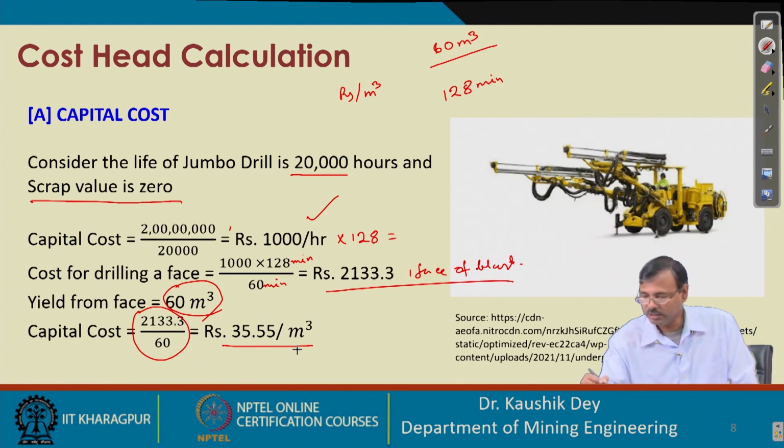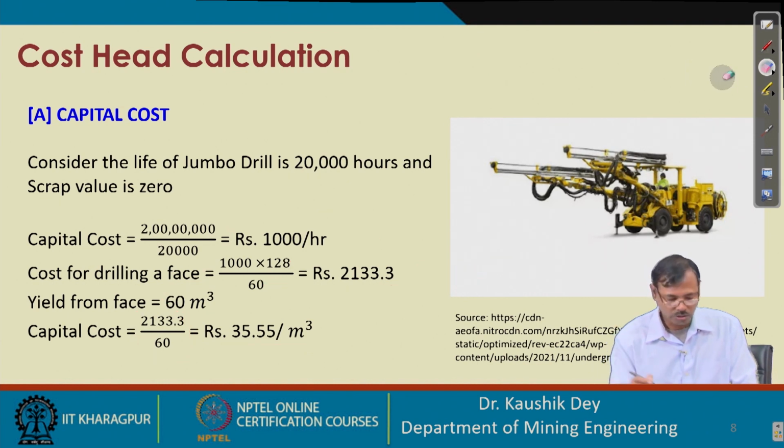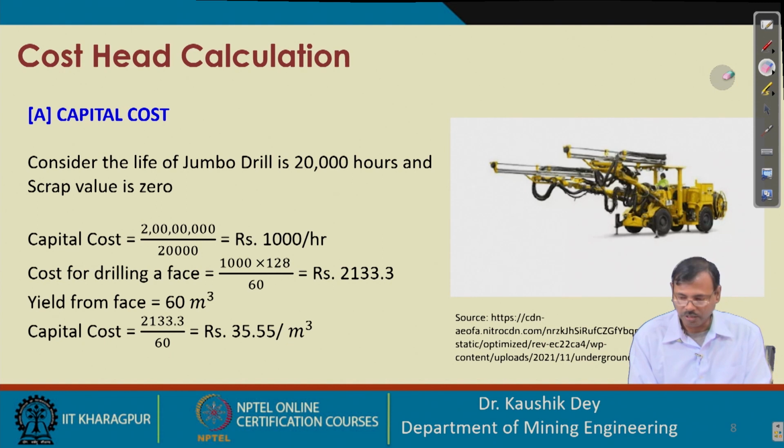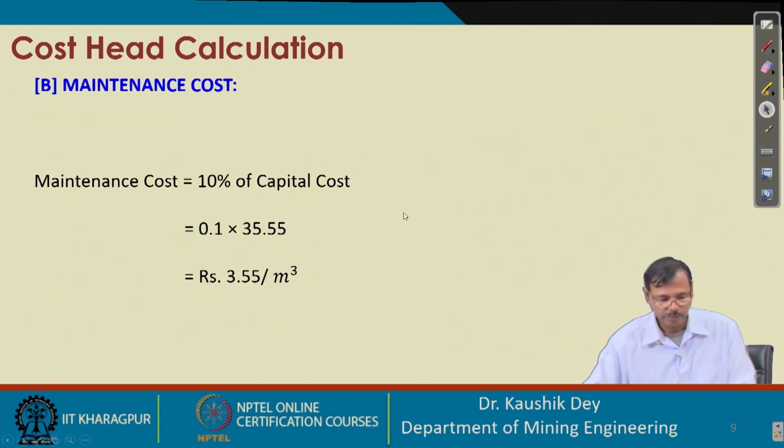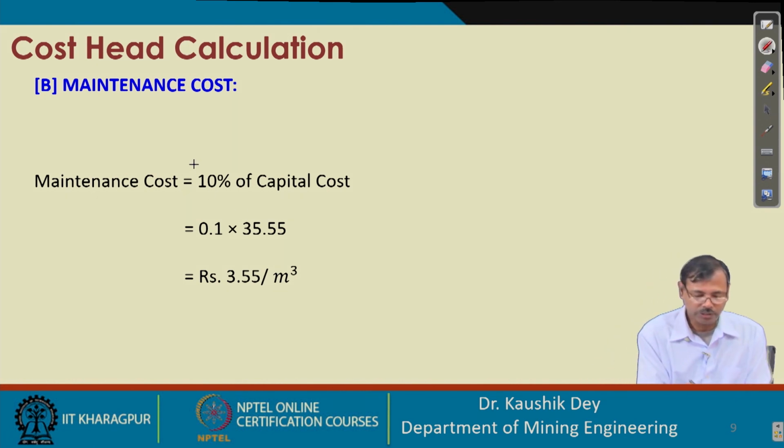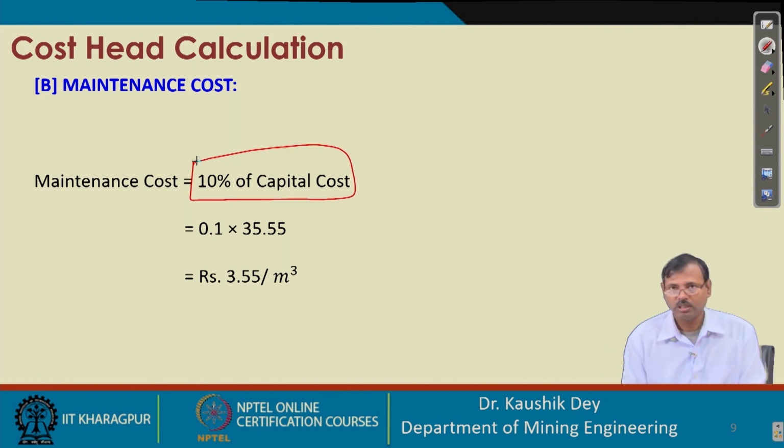So, this is the capital cost of the jumbo drill for carrying out drilling in underground phase. Now, maintenance cost we consider it is 10% of the capital cost, because the machine is operated electrically.